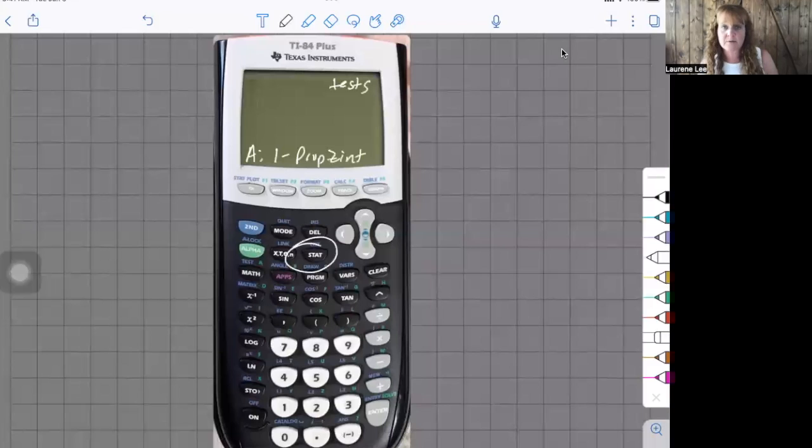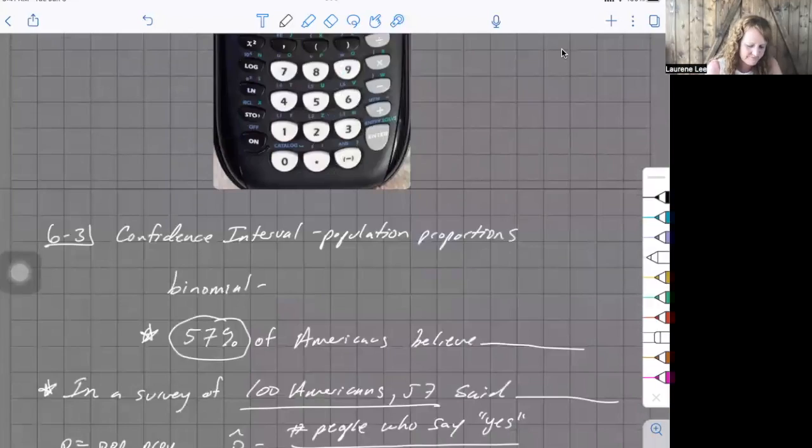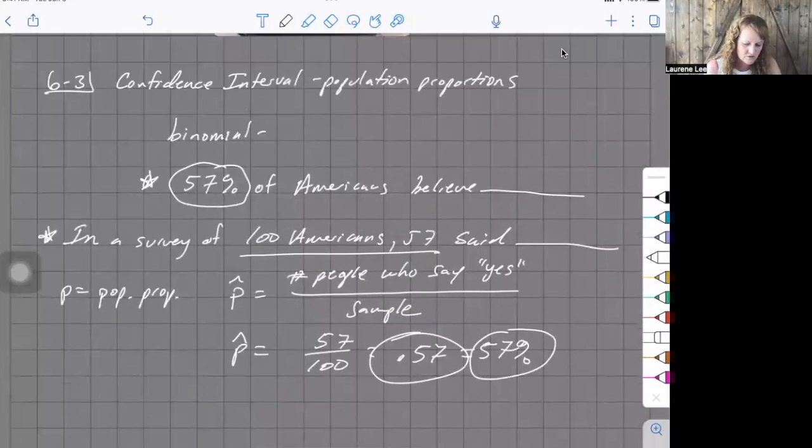Skip the 2 sample Z and the 2 sample T. We're not doing those. Okay, and it has the same entries. You have an X value, an N value, and a confidence level. So your X value is the number of people that say yes, your N is your total, and that's your confidence interval. Okay, great.